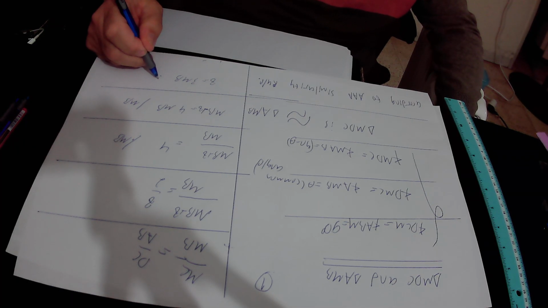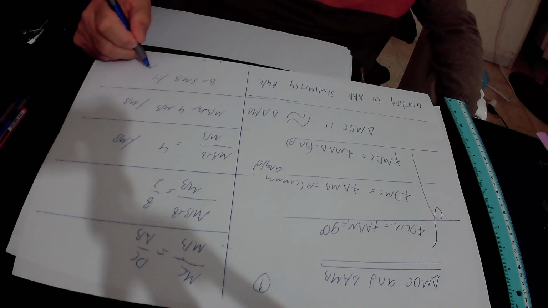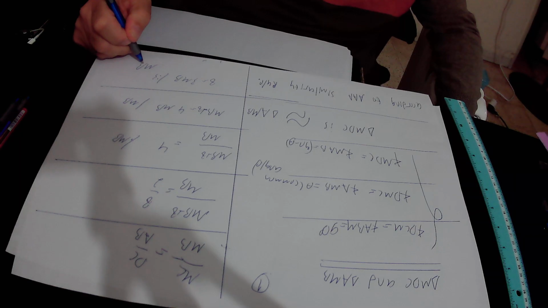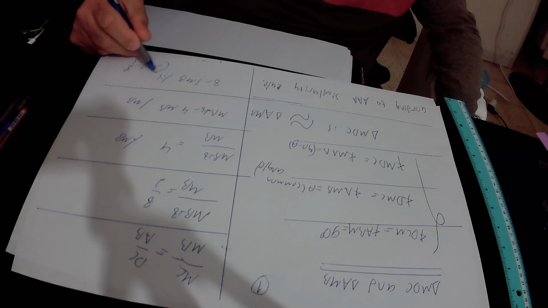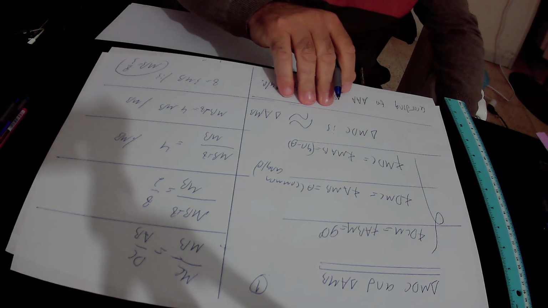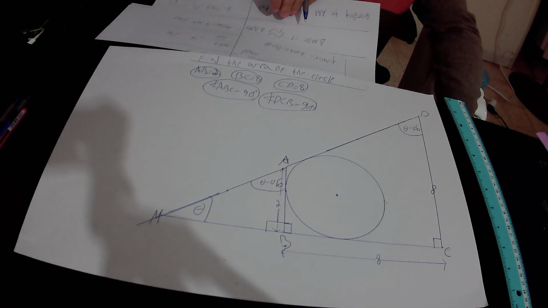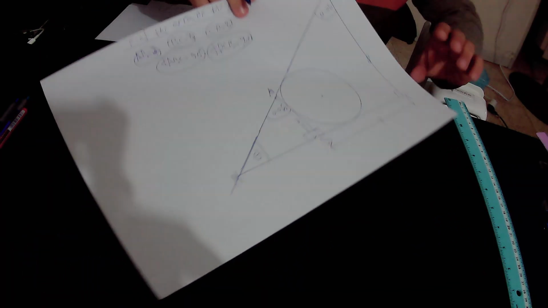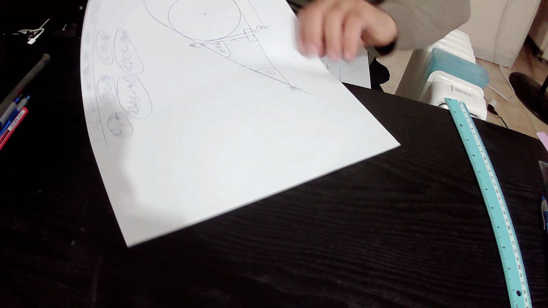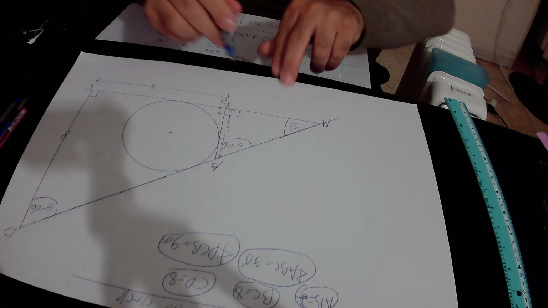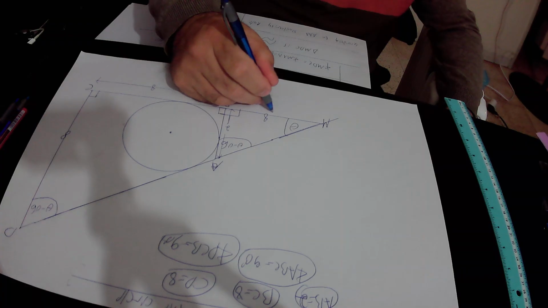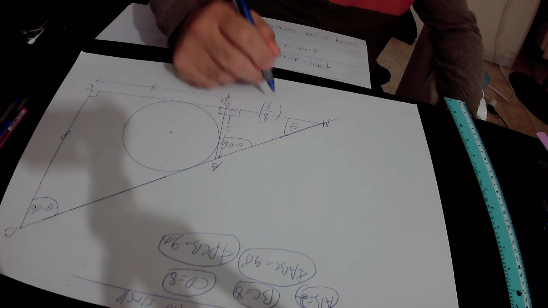We divide this equation by 3, and finally we get that MB equals 8 over 3 units. So we can write down in the original drawing that MB equals 8 over 3 units.